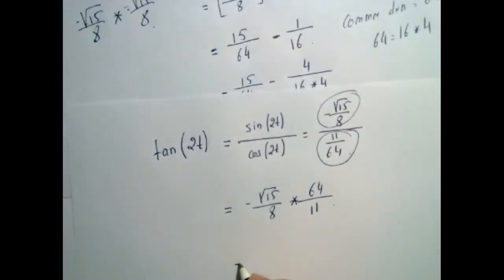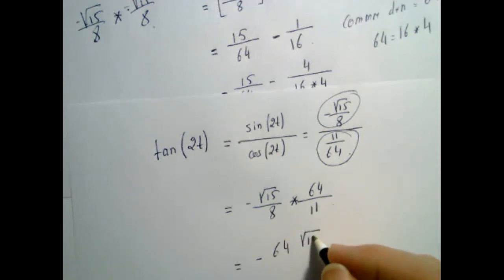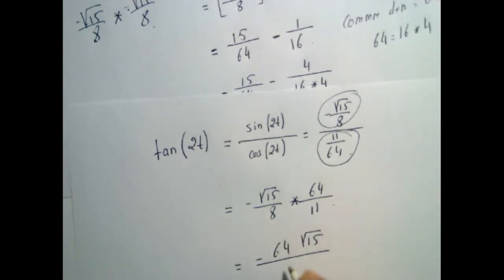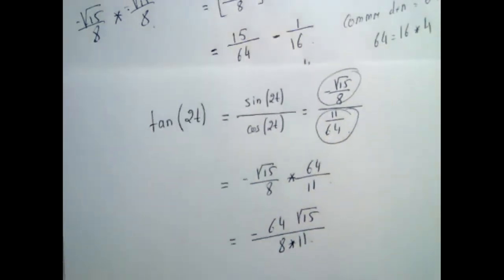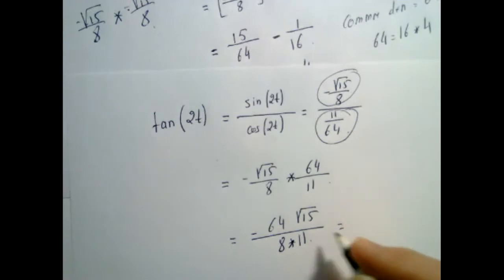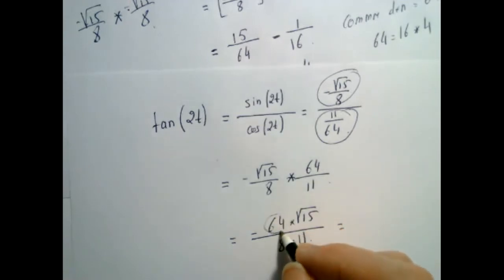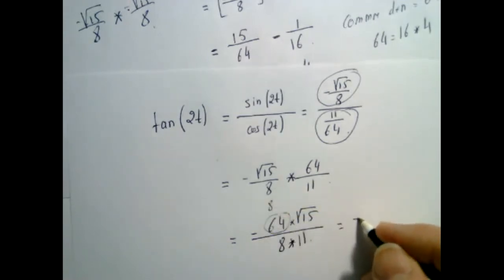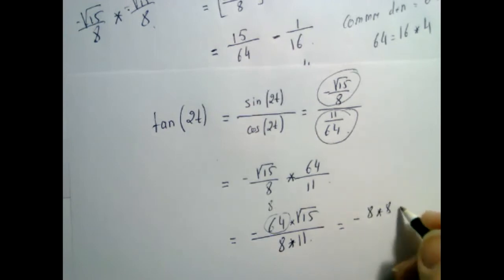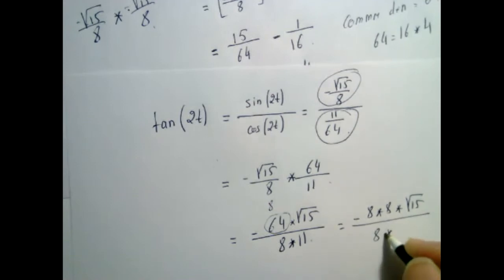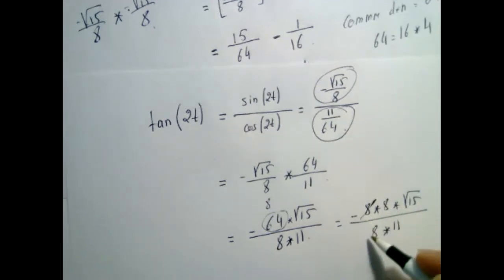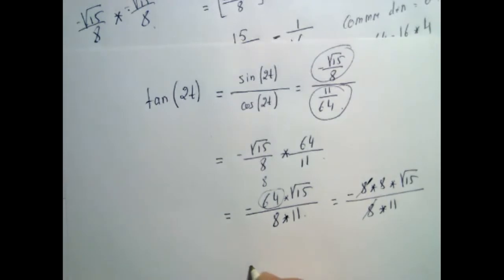So we multiply across the numerator and we multiply across the denominator. 8 times 11. And the last step would be 64 is 8 times 8. So I will have 8 times 8 over 8 times 11. Now 8 is a common factor. I can simplify it, and my last answer would be that.